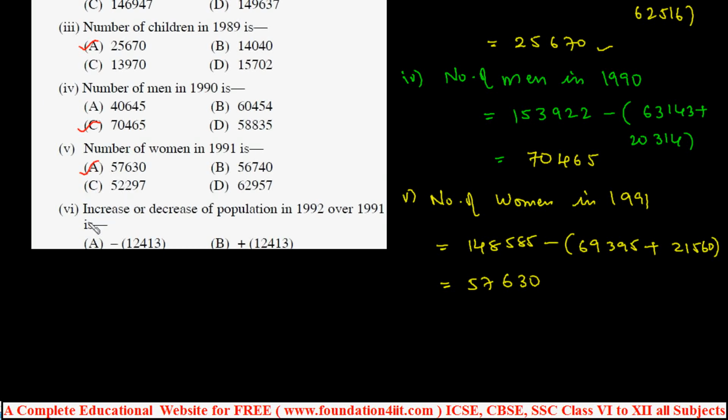And next one, sixth one, increase or decrease in population in 92 over 91. 92 to 91, how much decreased? Let us see this. So already in the table, total population in 1991 is 148, how much is one more? 585, right?